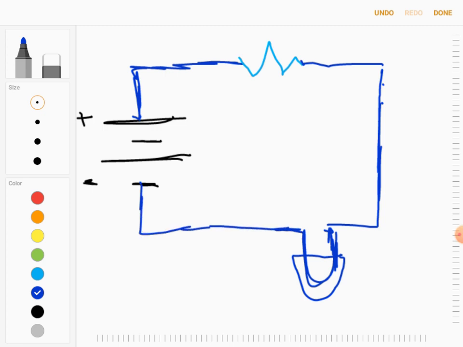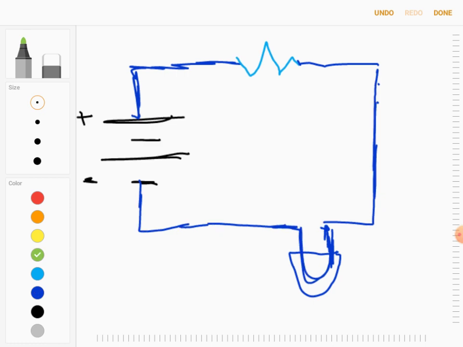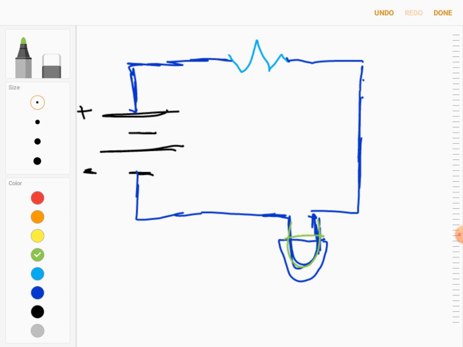So then we connect back. Keep zooming out, but what's in dark blue is the wire. What's in light blue is the resistor. What's in green is the battery source, and then the black is just the battery itself. And you'll learn that that would be considered a series circuit.